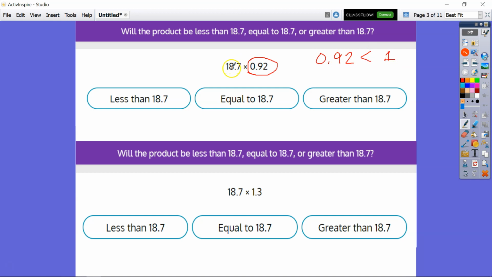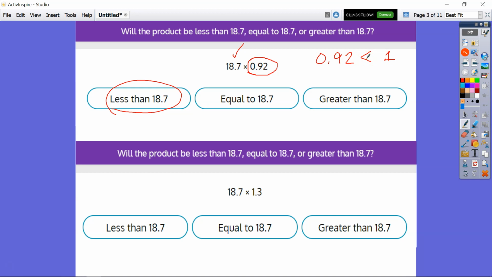So we're multiplying one factor by another factor that's less than 1. Therefore, our product is going to be less than our original or starting factor. In this case, when we multiply 18 7/10 times 92 hundredths, the product is going to be less than 18 7/10 because 92 hundredths is less than 1.